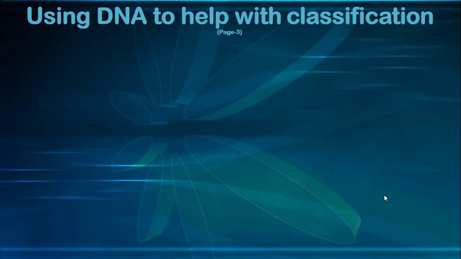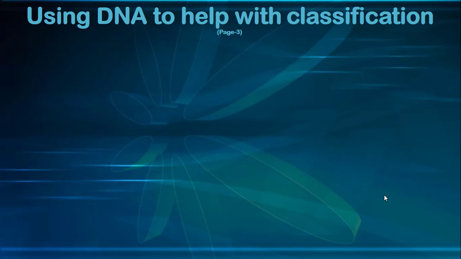Why are two living organisms completely different from one another? Because they have completely different DNA. Why do two living organisms resemble one another? Because their DNA resembles one another.